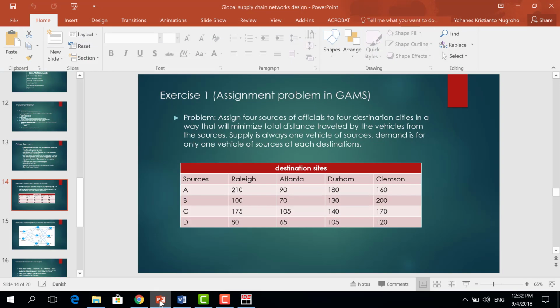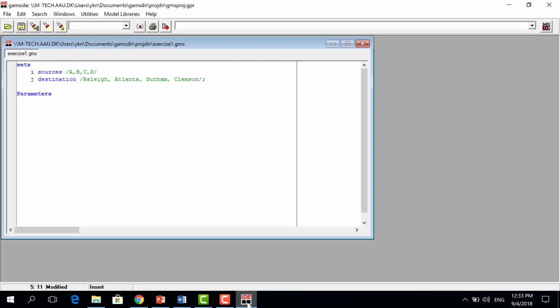Yes, we have only one parameter. It is the cost parameter. Parameters can be fixed or scalar. And this cost parameter we can define by putting C, and then I comma J. It is the shipping cost.